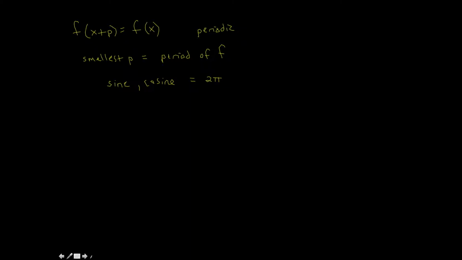Here's a question. If cosine of x equals negative 0.0315, then what does the cosine of x plus 18 pi equal?